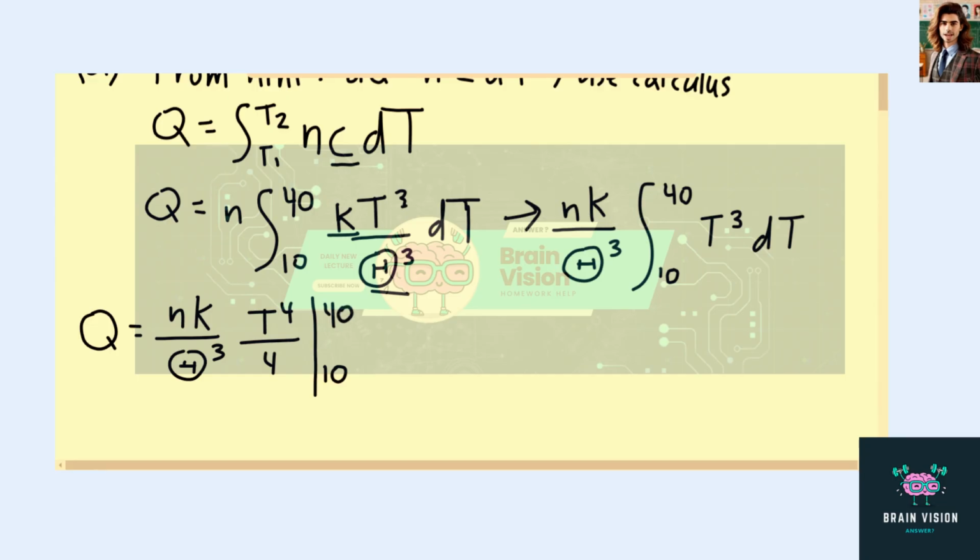Now if you plug in n, which is 1.5, K, which is 1,940, and theta, which is 281, you can solve this out and you'll get that Q, the total amount of heat required to raise 1.5 moles of rock salt from 10 Kelvin to 40 Kelvin, is 83.61 joules.